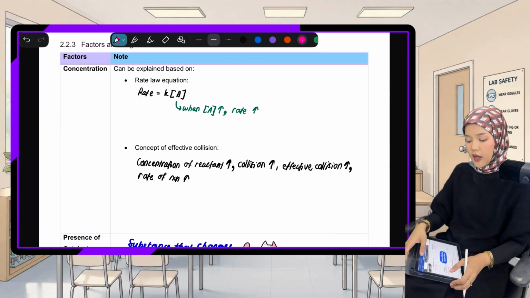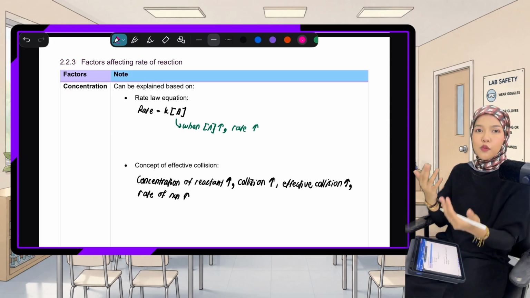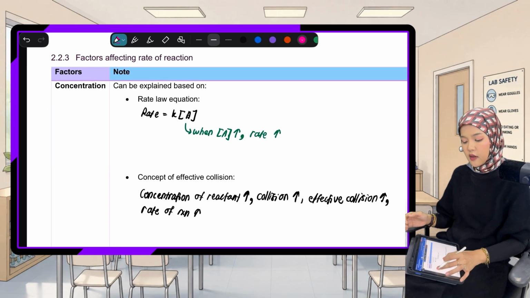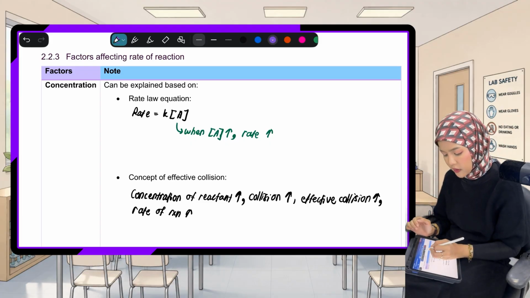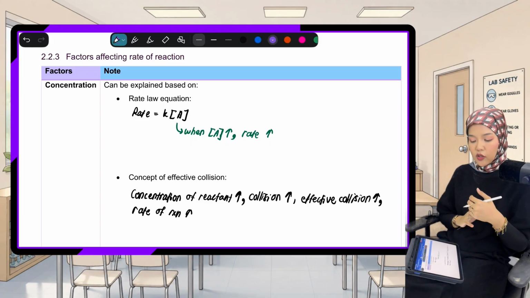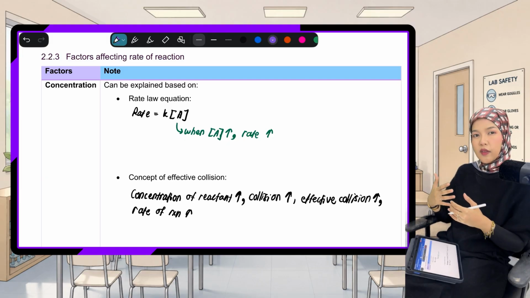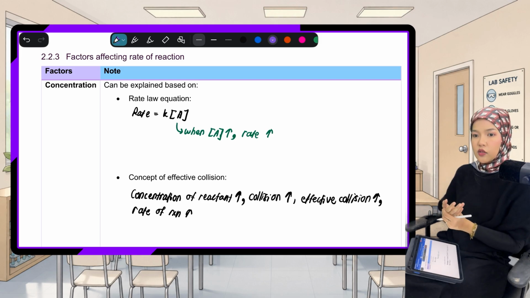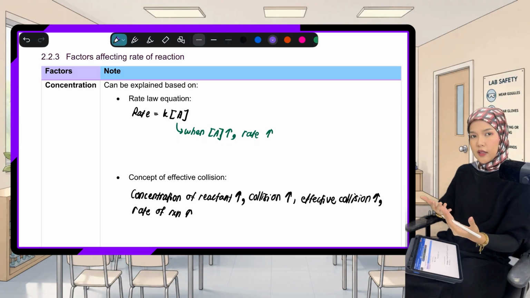Alright, so now let us look into how you want to answer questions in the exam. First, what are the factors that can affect the rate of reaction? First is the concentration. How you want to answer in the exam, you can use 2 methods. One is that you explain based on the rate law equation. This is more common if the question asks you, what happens if we triple or double the concentration?